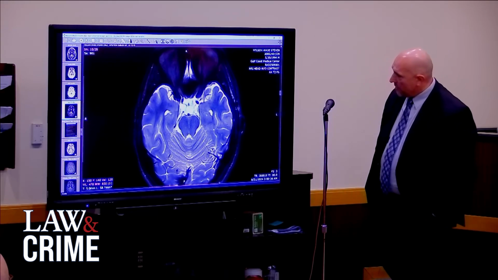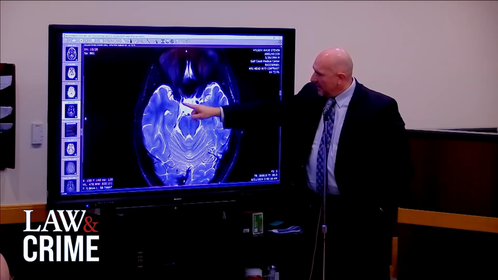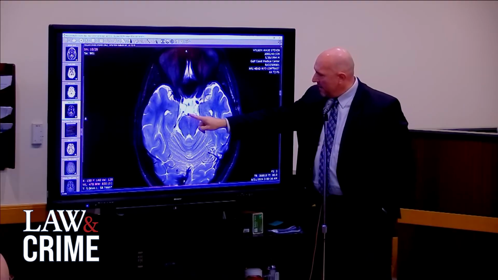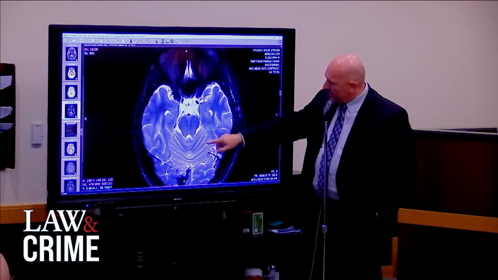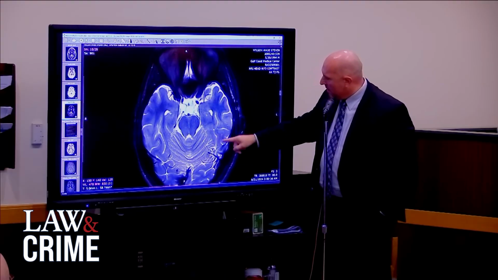Sure, now we're looking more towards the base of the brain. Here are the temporal lobes right here. You're looking into the midbrain, and it was probably more pons, actually. Pons, midbrain to pons, cerebellum.